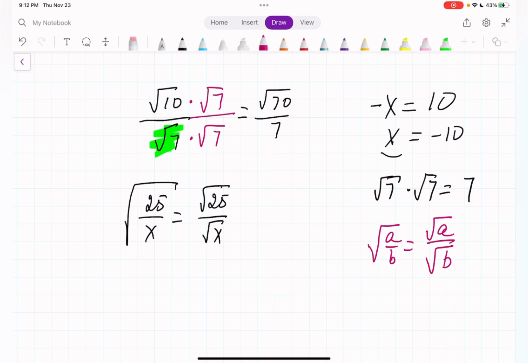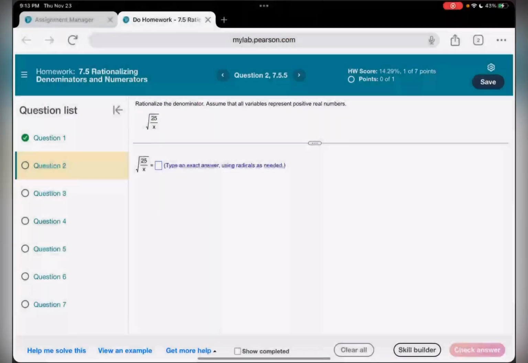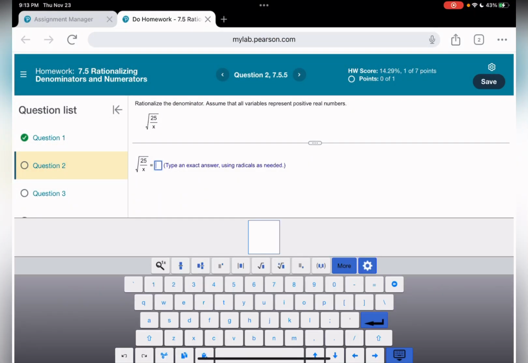And again, I'm going to multiply by square root of x on the top and on the bottom. Here I am getting a clean x underneath, and on the top the square root of 25 will be 5, and square root of x will stay under the square root, right? So we are getting 5 square root of x, divided by x.